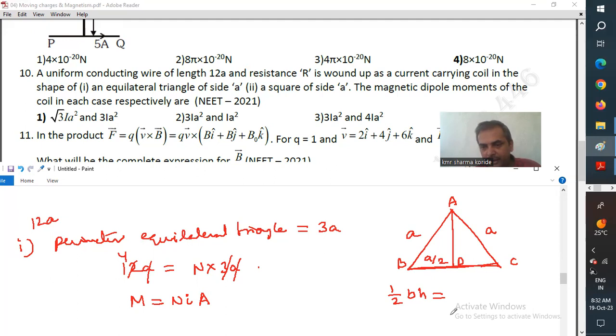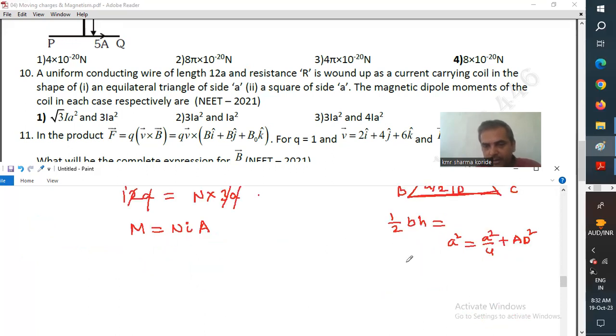To get AD, we can write AB square, that is A square, is equal to BD square. BD square is A square by 4 plus AD square. After simplification, A square minus A square by 4 is equal to AD square. So therefore, this is 4A square minus A square, 3A square divided by 4 is equal to AD square.